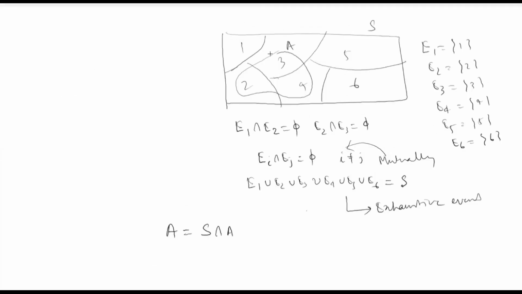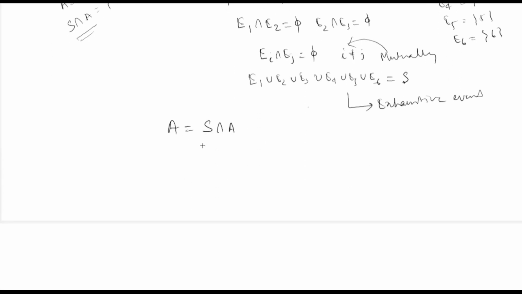S is the set having 1, 2, 3, 4, 5, 6, and A is the event having 2, 4, 6, for example. Then if I do S intersection A, I get the smaller set, since A is a subset of S. So what I get is A itself. So I think here we are fine, S intersection A.